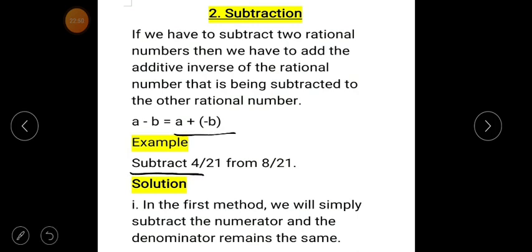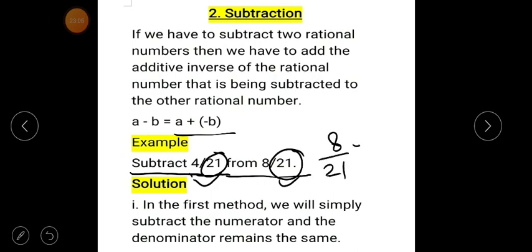Let's subtract 4 upon 21 from 8 upon 21. Now here you can see that the denominators are the same. So what we have to do? We have to subtract this from this. So 4 upon 21 should be subtracted from 8 upon 21. This is how we write it down.